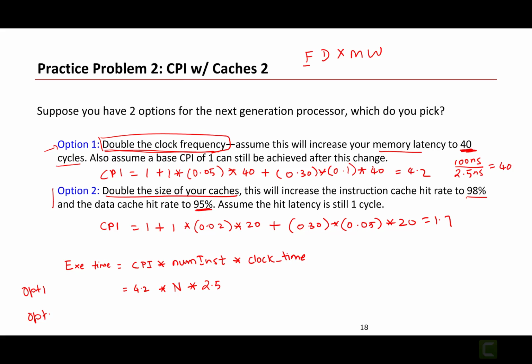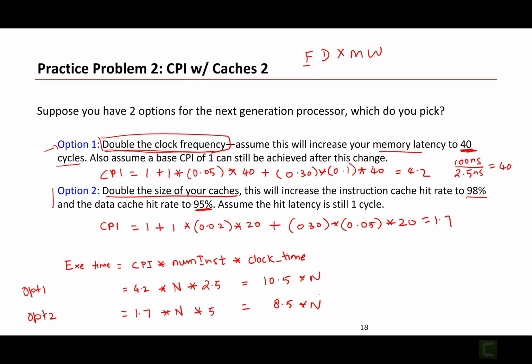For option 2, you'll have much better CPI. Instruction count doesn't change, but the clock cycle time is the baseline processor's, which is 5 nanoseconds. So now if you do the math, this comes to 10.5 times n. This comes down to 8.5 times n.